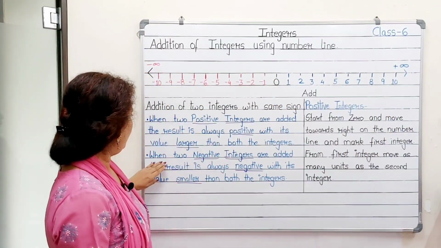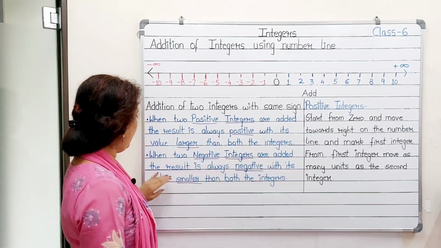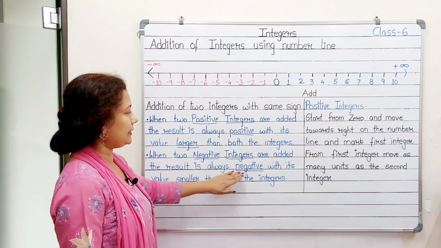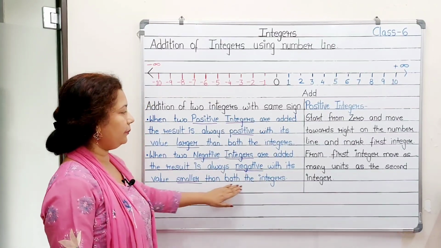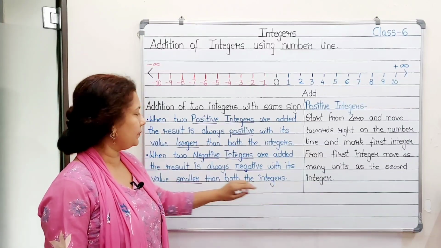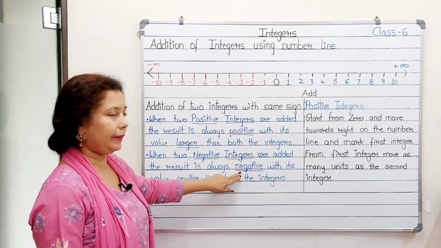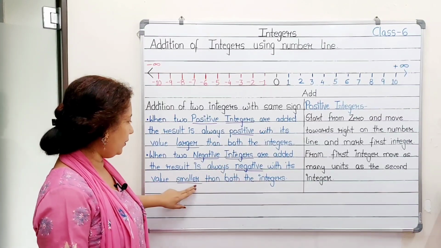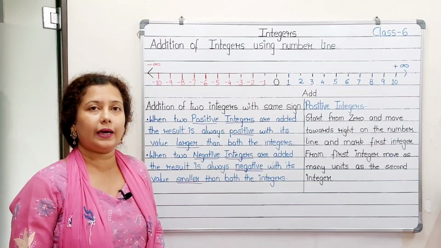Next, when two negative integers are added, the result is always negative with its value smaller than both the integers. So when we are adding two negative integers, the result will be negative and the value of the result will be smaller than the integers we are adding.